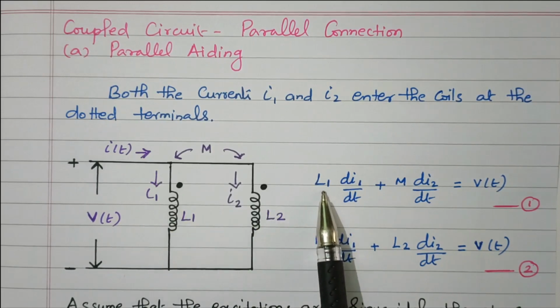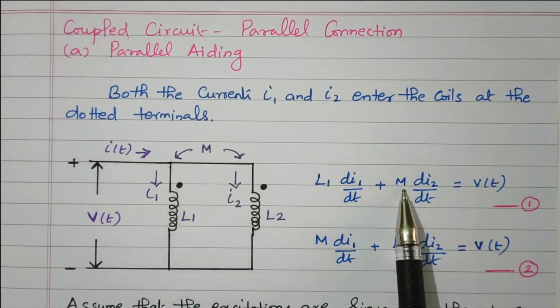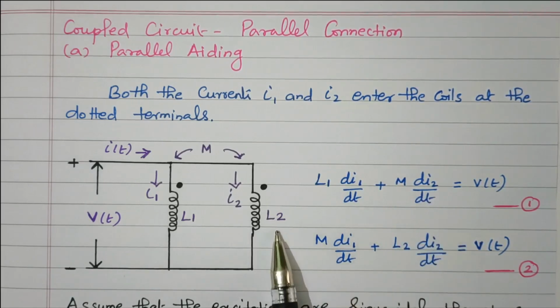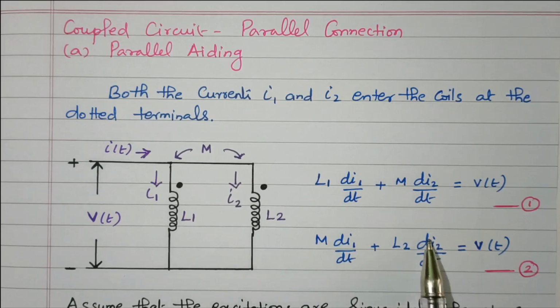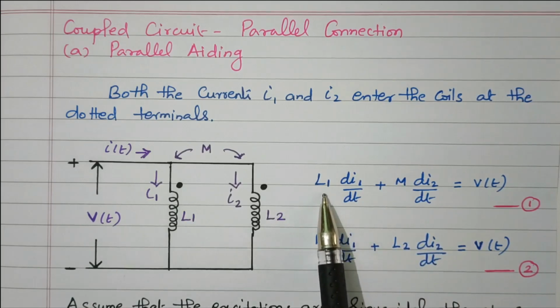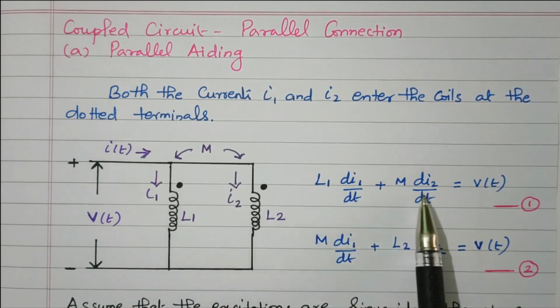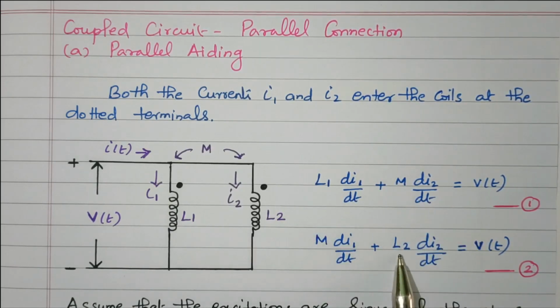So for the inductive drop of L1 we use I1, and for mutual inductance we use I2. Similarly, for the second coil, M di1 by dt plus L2 di2 by dt, where the mutual inductance is due to the first coil current I1. In L2's drop, the mutual inductance is due to the first coil current I1.